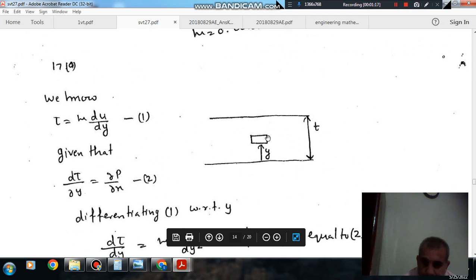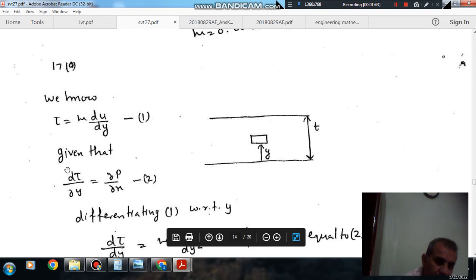Consider a small element at a distance y between two plates, of thickness dy. As these plates are fixed and the flow is taking place between two stationary plates, the shear stress variation according to Newton's law is τ = μ du/dy.